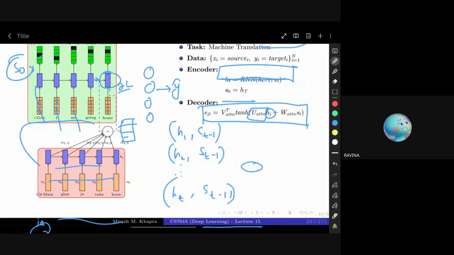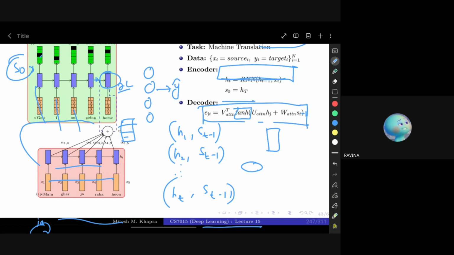How I'll compute it: for h1, if I want to compute, I have to use this. I'll introduce some form of parameters in terms of matrices. I'll apply U attention to hj, W attention to st-1, and then take tanh of that. What I'll get is some kind of a single vector, and that I'll multiply with v transpose of attention.